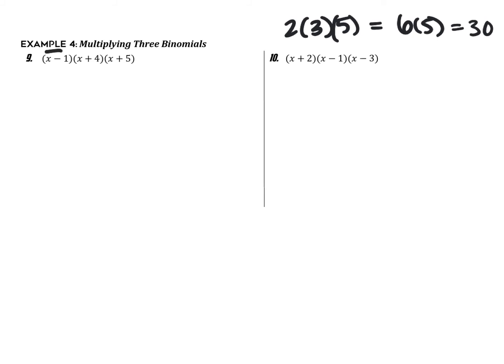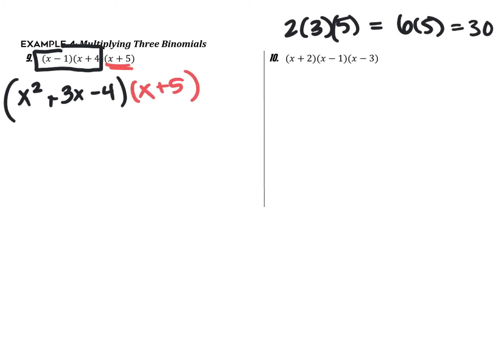So I'm going to go ahead and multiply these first 2 together. If I multiply them together, I'm going to get x squared minus x plus 4x, so plus 3x minus 4, and then that still needs to be multiplied by this term here. Then I can go ahead and multiply this out.